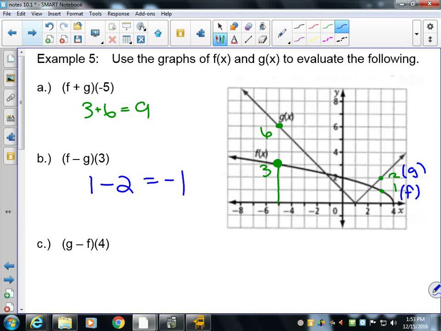Can you try C? Do you want to try C? Or you guys already tried C? g minus f at 4. So at 4, that's 0. And up here it's 3. So g minus f, that's 3 minus 0, which is 3.